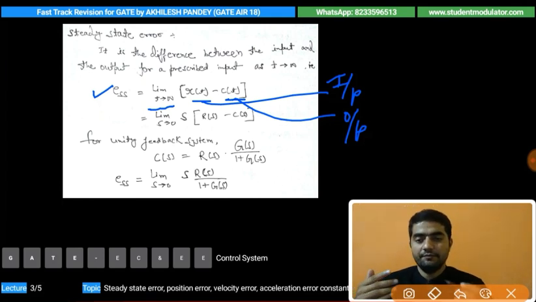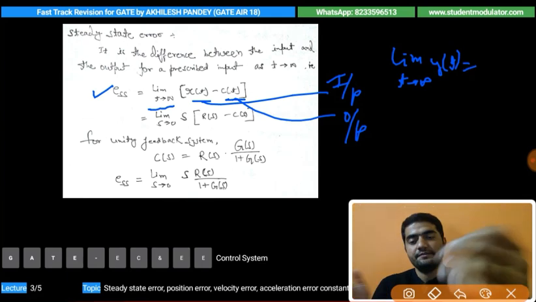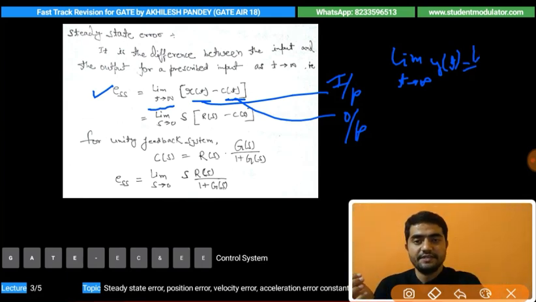Now from the final value theorem in Laplace transform, which we have already studied, for any function if we want to find limit t tends to infinity y(t), then we can calculate it in s domain as limit s tends to 0 s·Y(s).